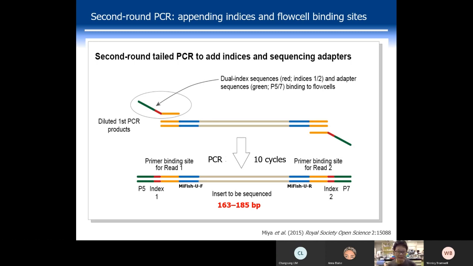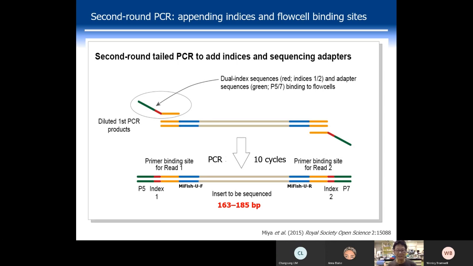You can see that the red portion is the index, which consists of 8 nucleotides in different combinations. So we can simultaneously analyze as many as hundreds or thousands of samples.